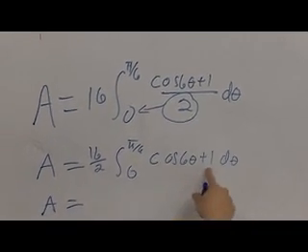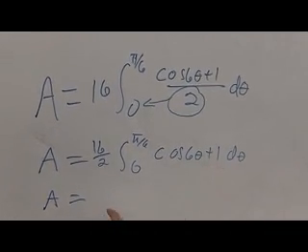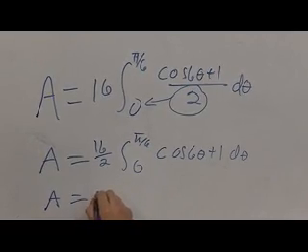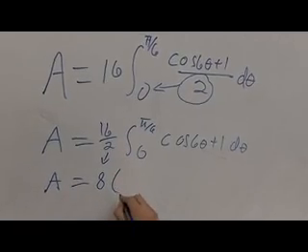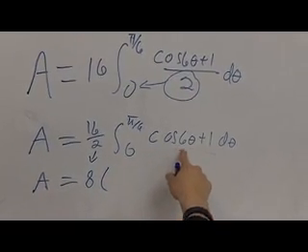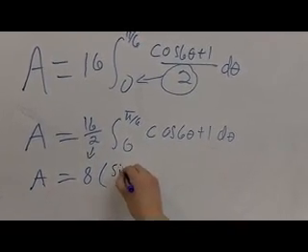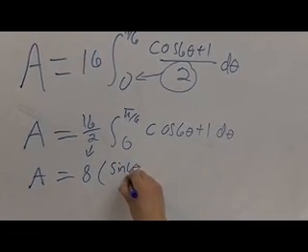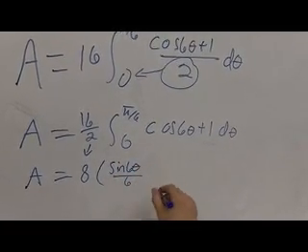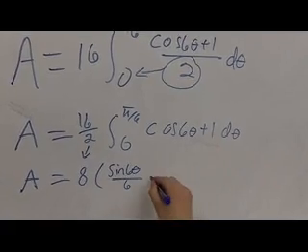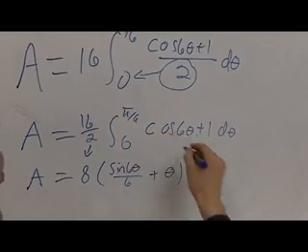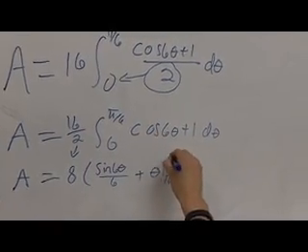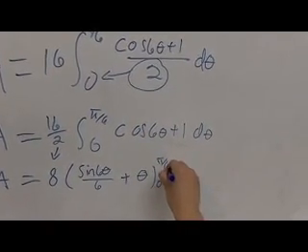Now we're going to integrate this. So it's going to be 8, because of here, times the integral of cos 6 theta, which would be sine 6 theta all over 6. And the integral of 1 would be theta, from 0 to pi over 6.